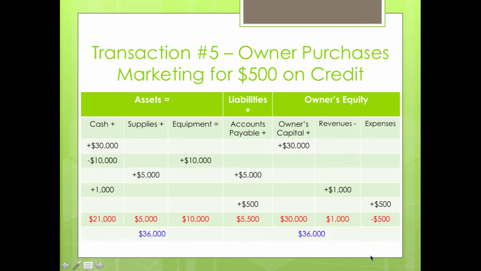And the other keyword here is credit. It was purchased on credit, which means that it was not paid with cash, so the owner still owes this money to the vendor that provided the credit. So this goes under accounts payable, which is under liabilities. So we record that as a positive $500.